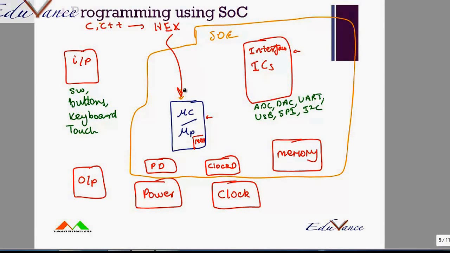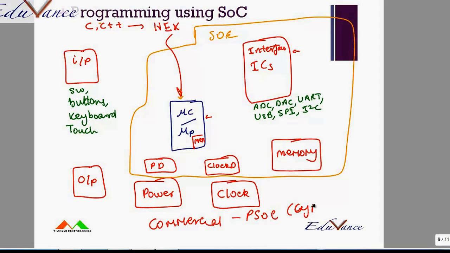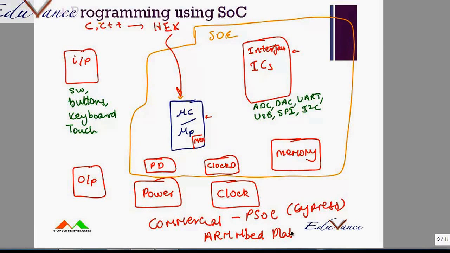However, in today's commercial SOCs, like a PSoC or Programmable System on Chip by Cypress Semiconductors, or the ARM mbed platform, which involves the ARM microcontroller based SOCs, the programming is a mixture of C and C++ and also something called APIs, and I will just discuss that right now.